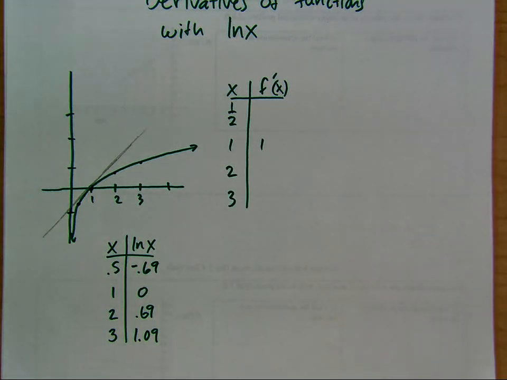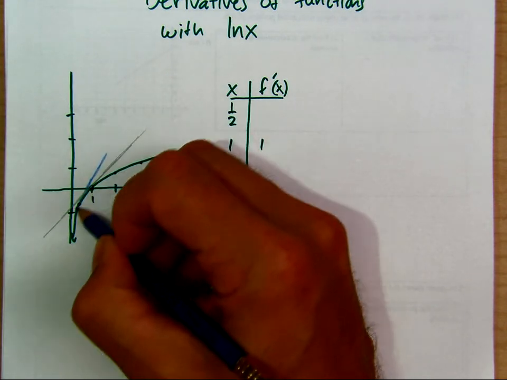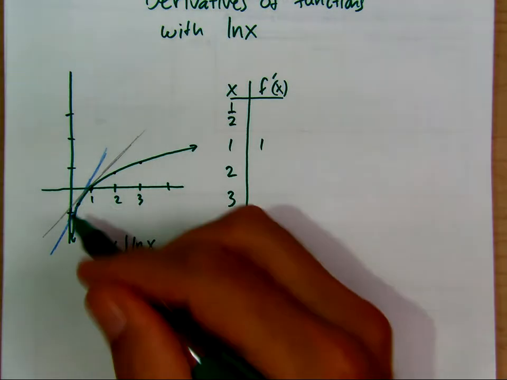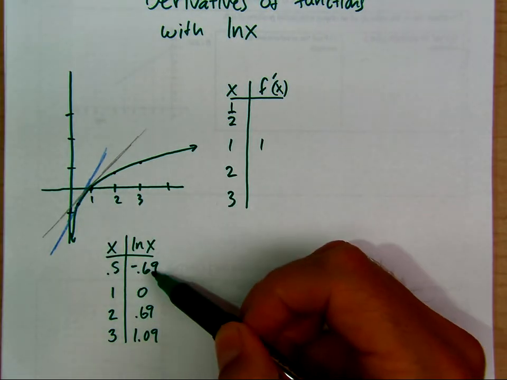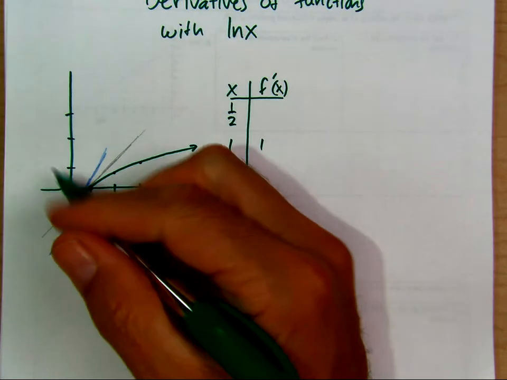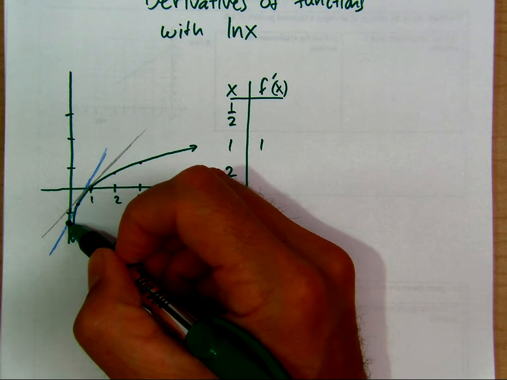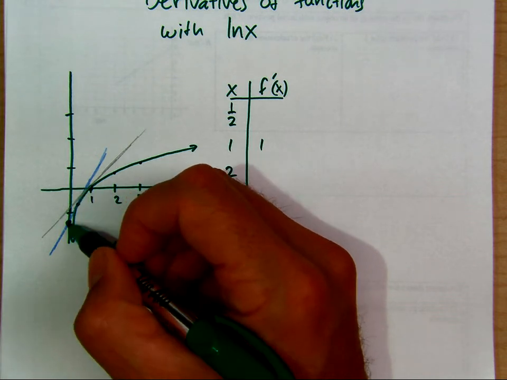So let's look at a tangent line here, and we know one point on that tangent line is this point, and we just have to estimate another one. So why don't we say that this is the other point that we're going to use, and we're just going to estimate that that is 0 and negative 0.5.